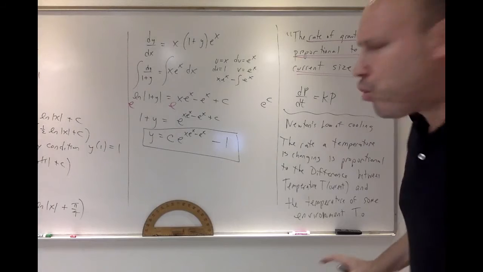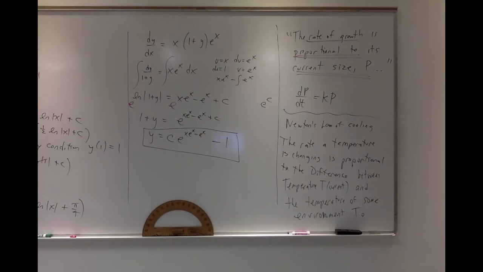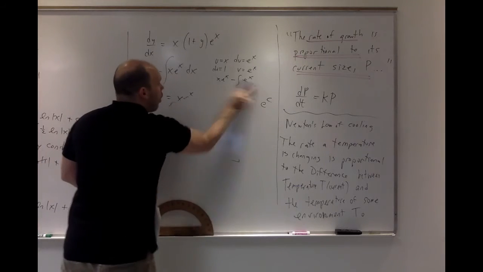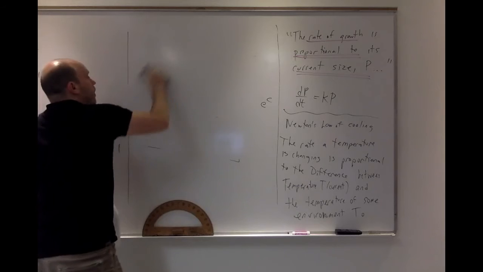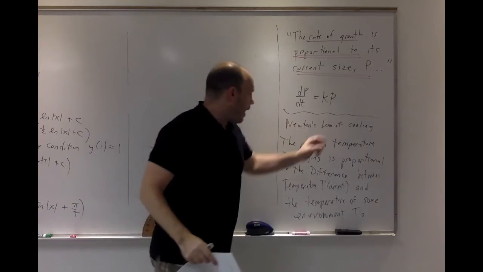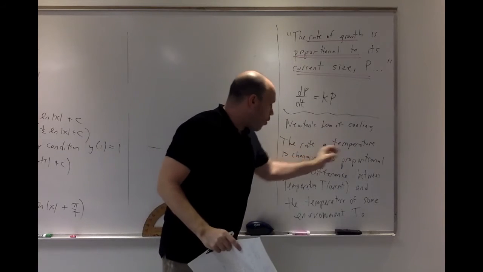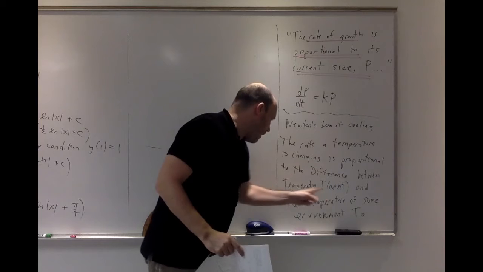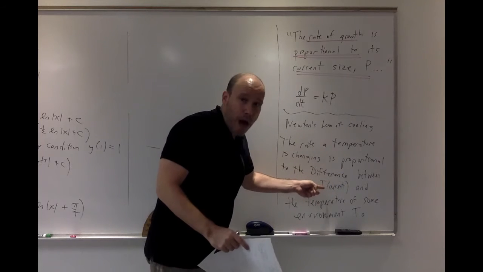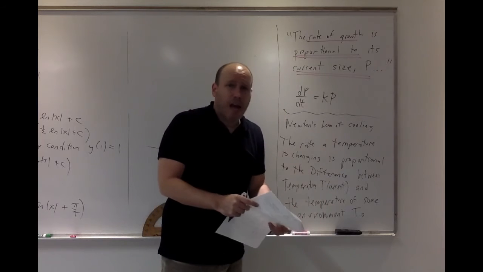Yeah. And so the idea, once again, I don't want to belabor this. We'll go over some problems, but I just want you to see that these science laws, the wording, can actually be made into a math problem. So once again, Newton's law of cooling is the rate the temperature is changing is proportional to the difference between the current temperature of the object and the temperature of some environment, which is kind of cool.